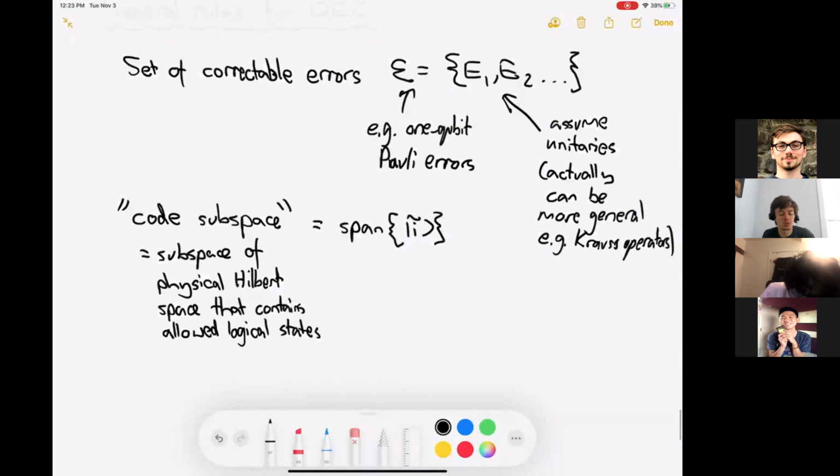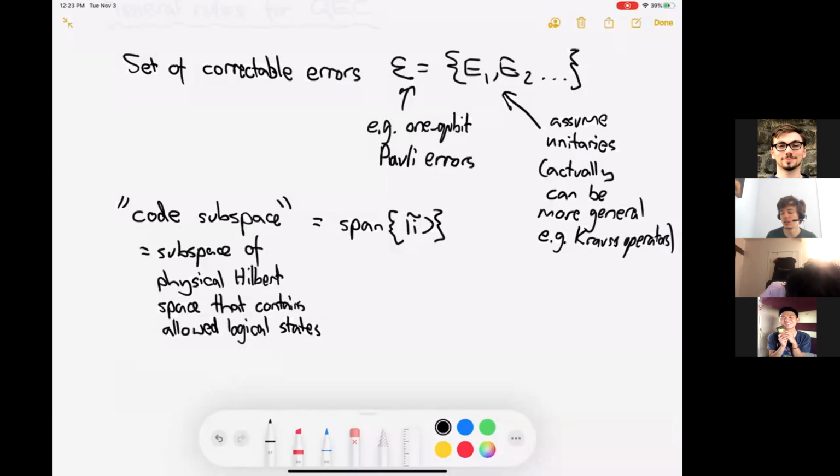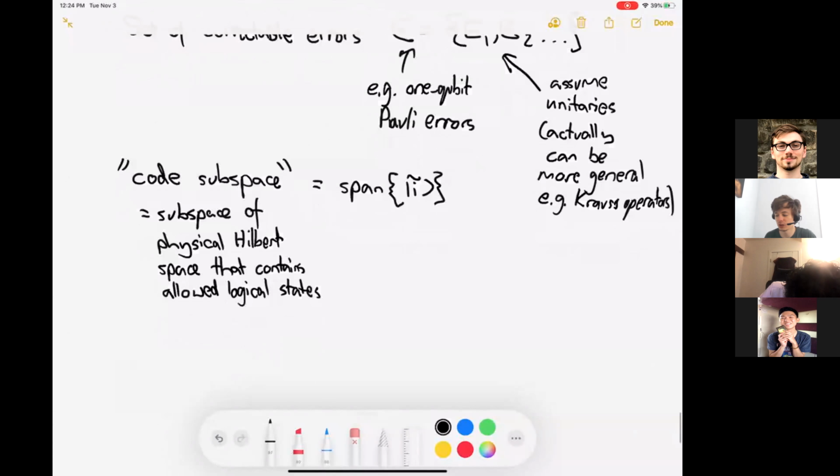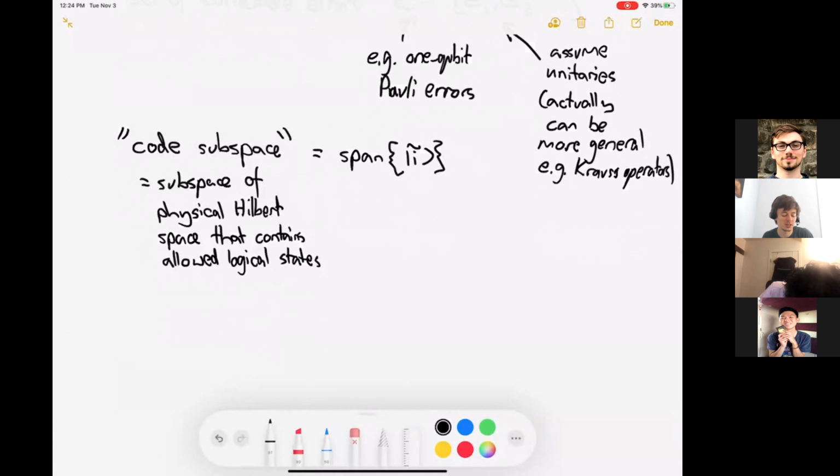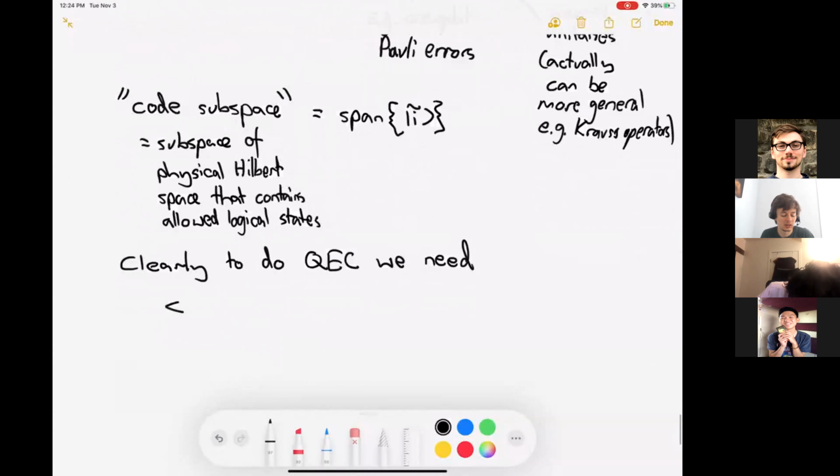Okay, so what we want is a general set of conditions for when quantum error correction is possible. Let's think about what we need. The most obvious thing is that clearly, to do quantum error correction, if I start in some state i tilde, then I have some error Ek happening to that.